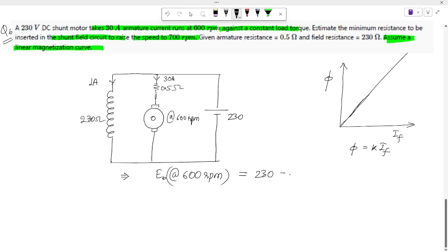230 minus 0.5 into 30, that is 215 volts. So can I write like this, that EB is proportional to, let me write it, EB is equals to K phi N. This is universal.